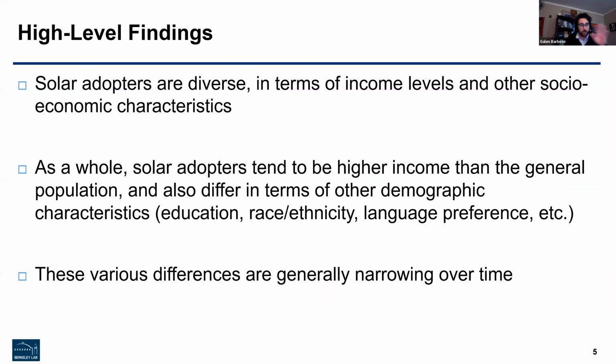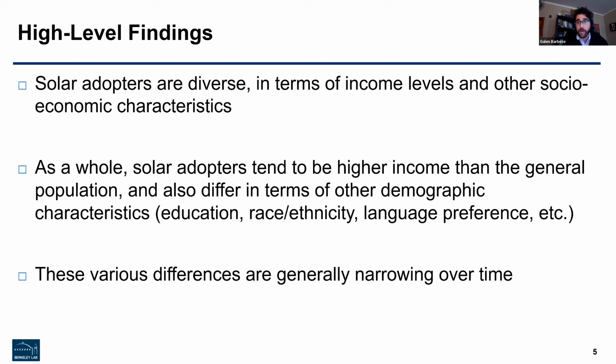So if you don't remember anything else from this presentation, these are the 3 highest level takeaways. First, solar adopters are diverse. Although we often talk about them in terms of central tendencies, it's important to keep in mind that there is really a great deal of heterogeneity in terms of income levels and other socioeconomic characteristics here.